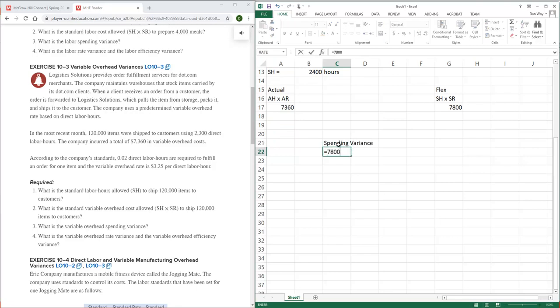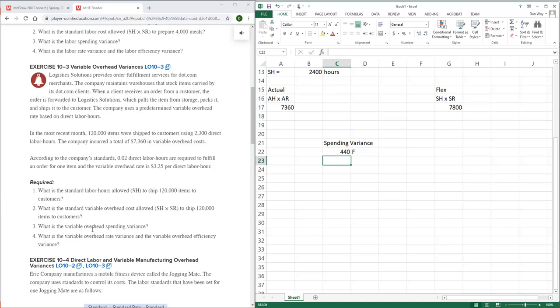So the $7,800 from the flex, based on our standards, minus the $7,360 actual spend, means a $440 variance. Actual is less than flex, so that's a favorable spending variance. We spent less than we quote-unquote should have. That's a good thing, all else equal.